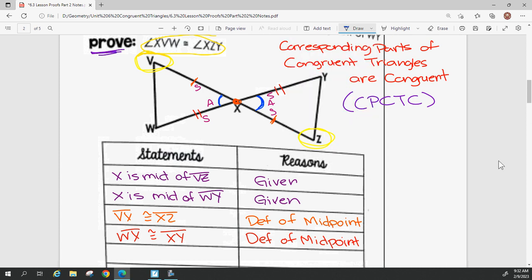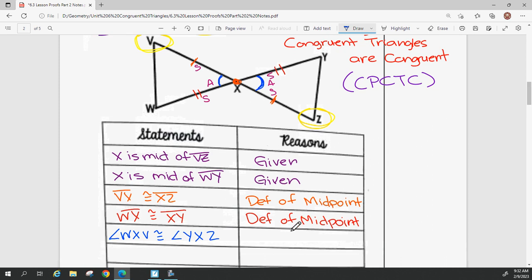That does it for the given information, and then we followed that up with saying that these angles are congruent because they're vertical angles. So angle WXV is congruent to angle ZXY, and that was because they are vertical angles.